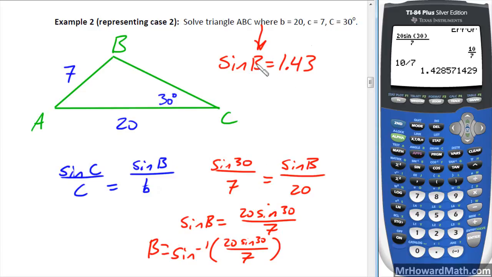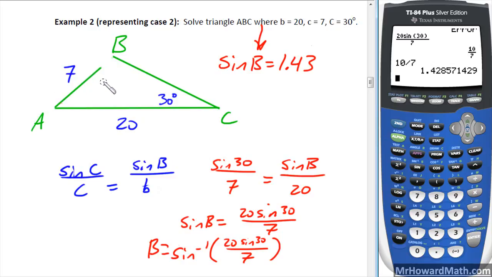So that means that angle B, we're not going to be able to find it, because that's saying that this length of 7 is not long enough to reach over here to this side. So we actually have this situation. With a side of 20 in length and a 30-degree angle here, the side that's anchored right here to point A has to be big enough to reach.